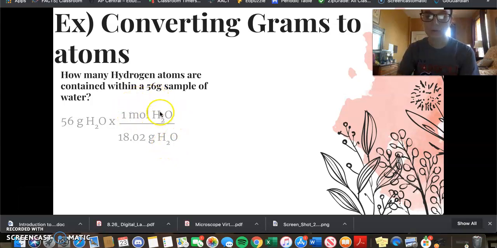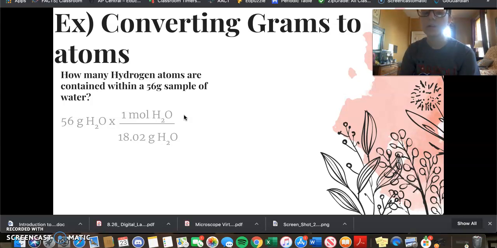Now that we have moles, we can either consider going to number of atoms or number of molecules / formula units. We're going to go with the latter, molecules / formula units, because H2O is not an element. It's not a pure element. It has 2 elements in it and is most definitely a molecular compound. So I'm going to first go to molecules.